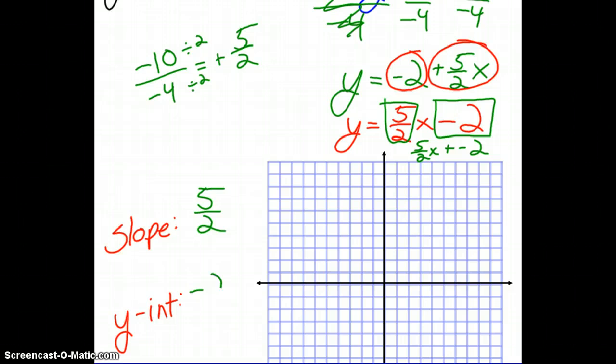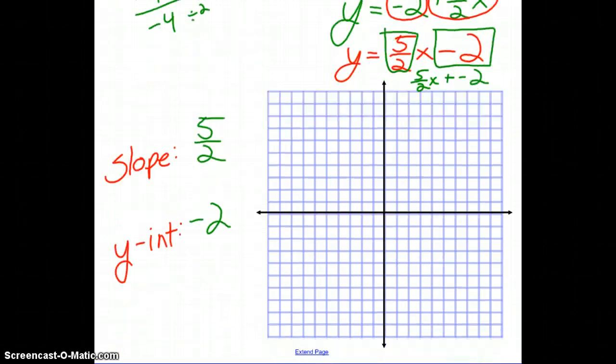So our y-intercept is negative 2, and our y-intercept point would be (0, negative 2). Please remember that whenever you have slope-intercept form, it is the y-intercept that we are solving for, not x.